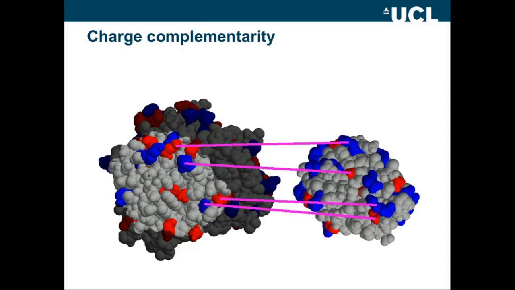I've then coloured the positively charged residues in blue, the negatively charged residues in red. And then I have lifted off the interacting partner and just shown the back view of the surface that's interacting with the structure on the left.